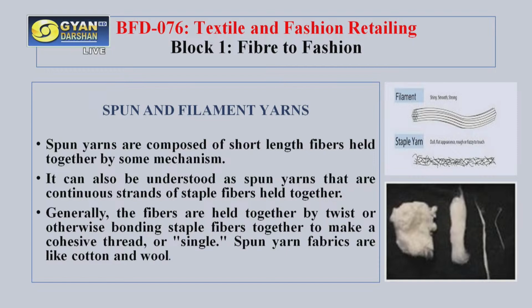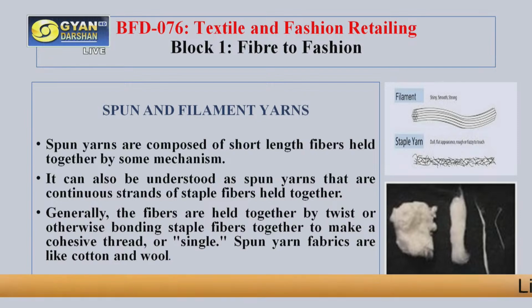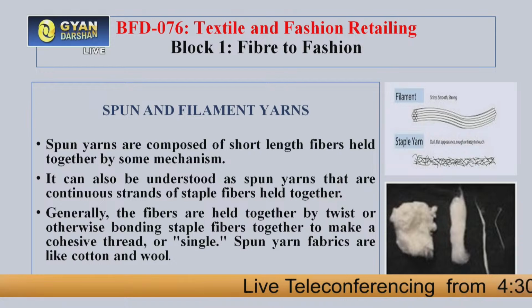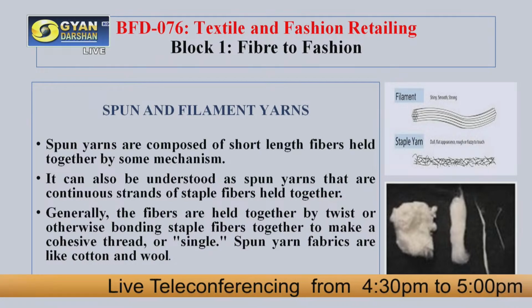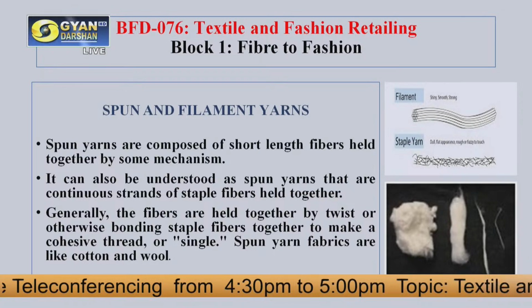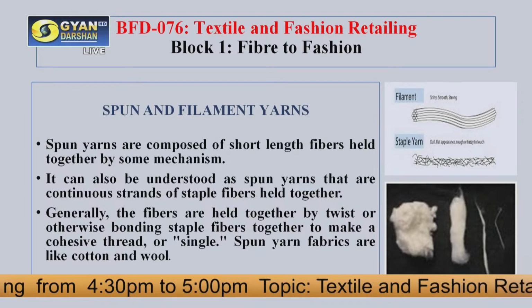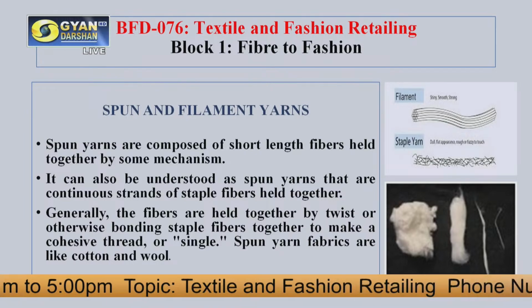Cotton or wool are examples of spun yarn. Spun yarns are composed of short length fibers held together by some mechanism. It can also be understood as a continuous strand of staple fiber, and generally the fibers are held together by twist or otherwise bonded together to make a cohesive thread or a single yarn. So spun yarn fabrics are like cotton or wool.